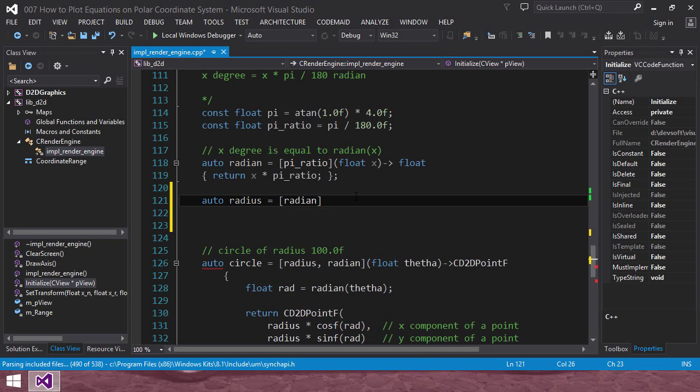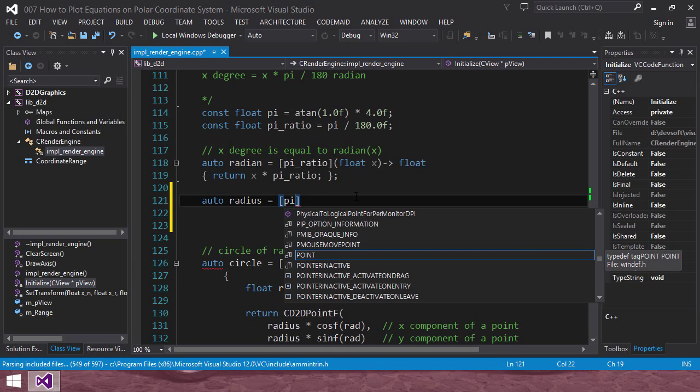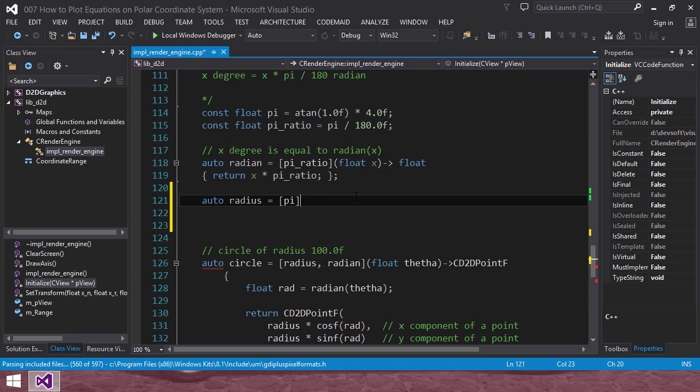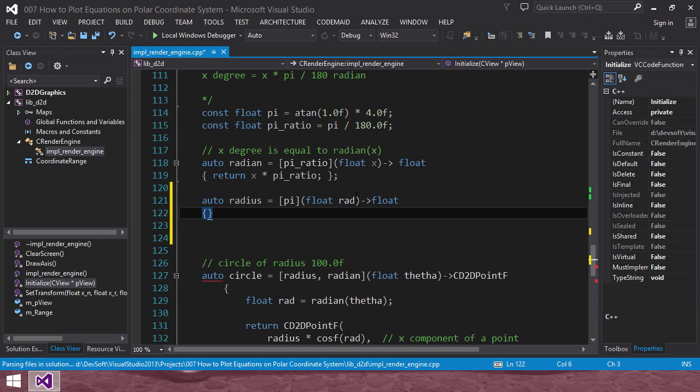And let's see. Oh, we need a pi. Pi is pi. We need pi and float. Plot rad. It returns float.